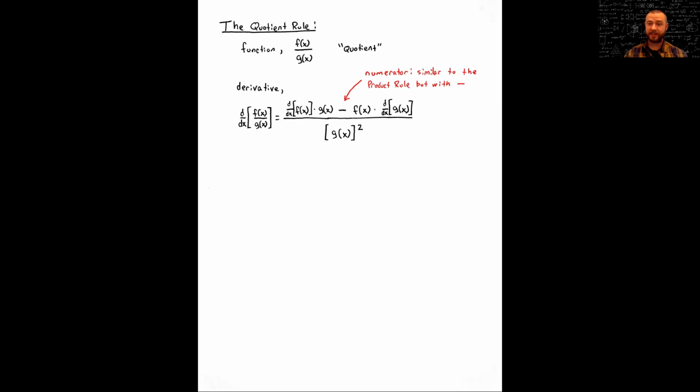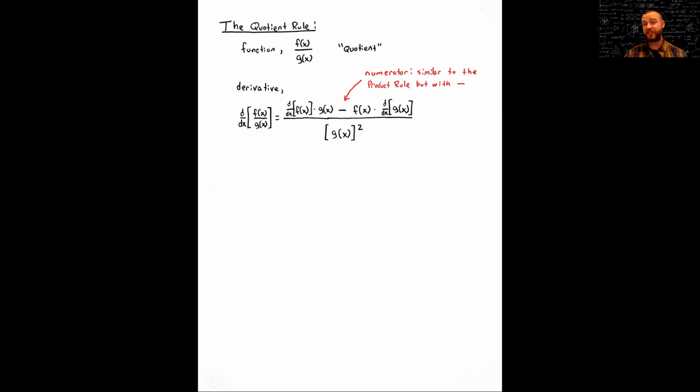So I always, in class, just as a quick mental check, pause very briefly in my mind to think of this, is my numerator for the quotient rule correct? And I always ask myself, it's basically the product rule, but instead of a plus between, there's a minus. So this is just a neat little short trick to make sure you have the correct version for the numerator here in the quotient rule.